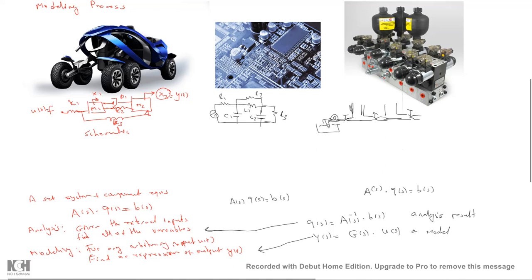We look at what kind of equations we have here. From linear algebra, we know that the equations that we have, A times Q equals B, Q being unknown, A and B given, can be solved if these equations are linearly independent, and the A inverse matrix will exist, and from there we can get a solution.